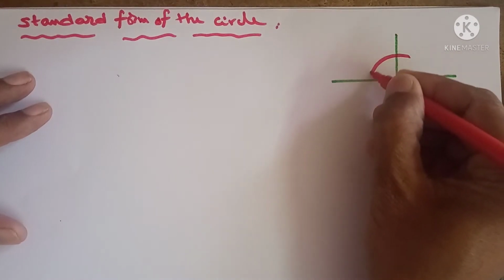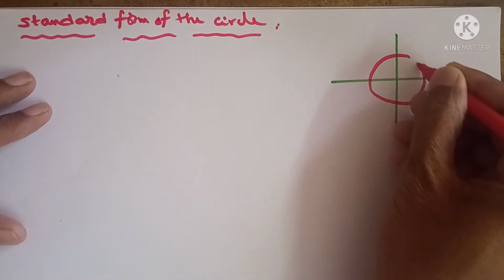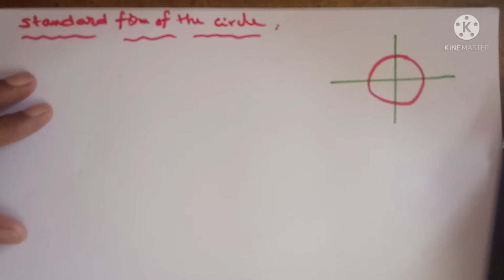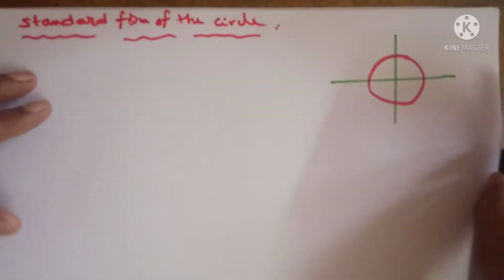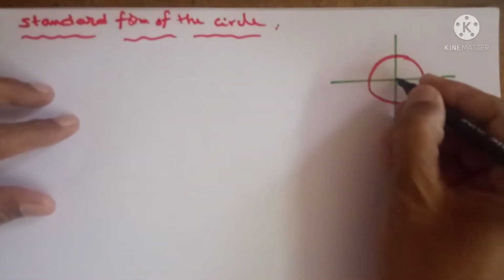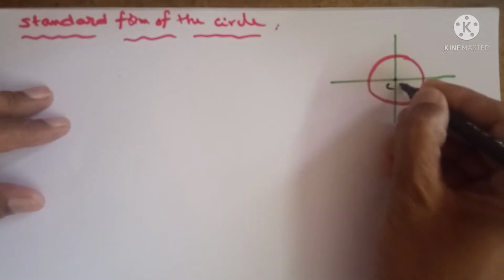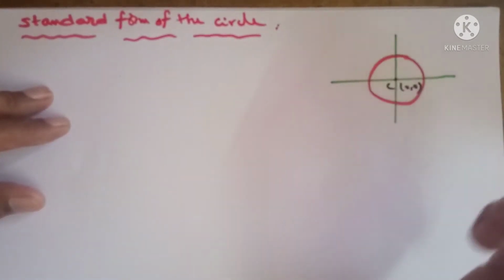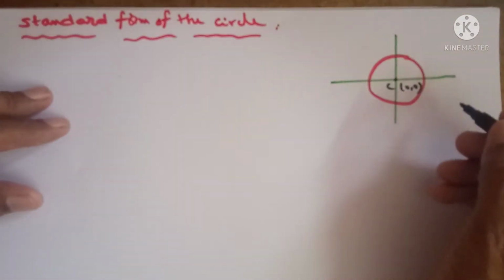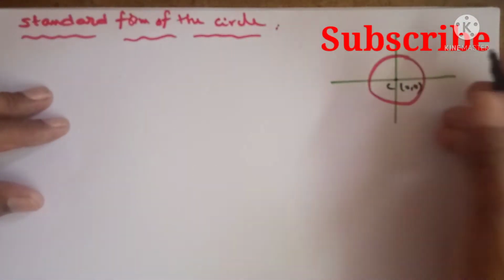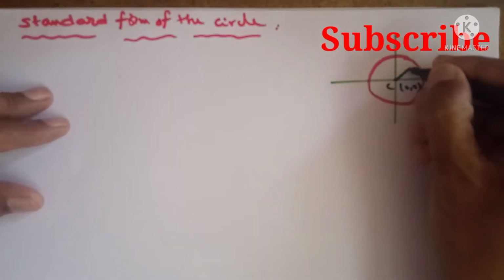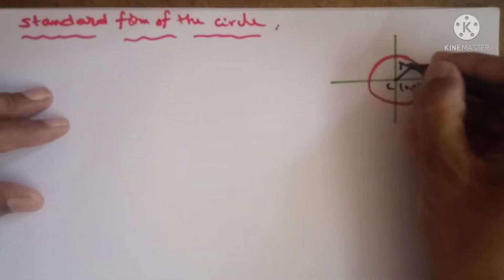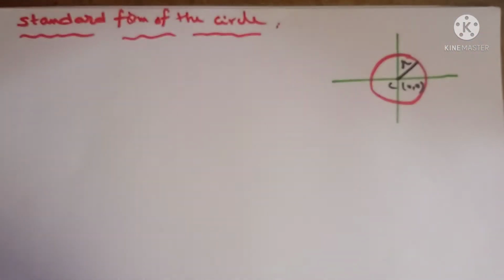This is the circle with the center at origin. This is the center, 0 0 origin, and the radius is small r. This is the radius r.